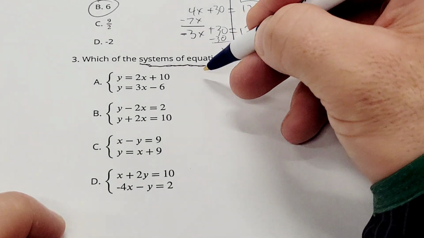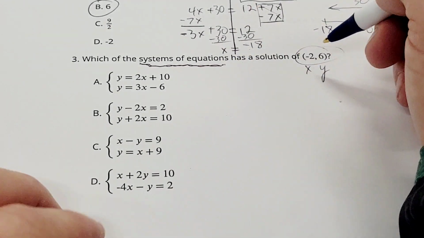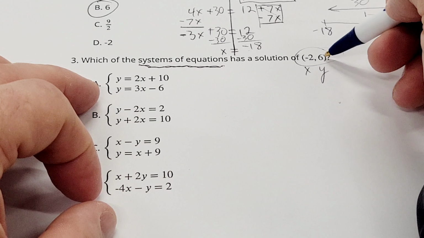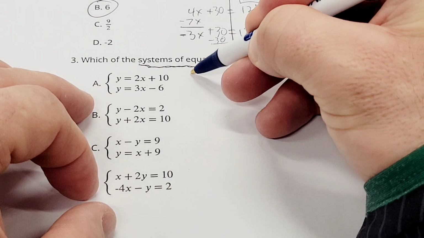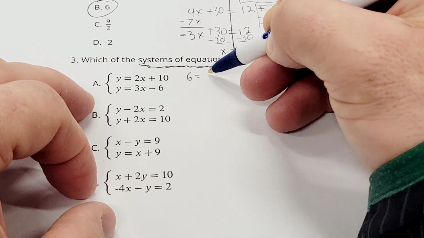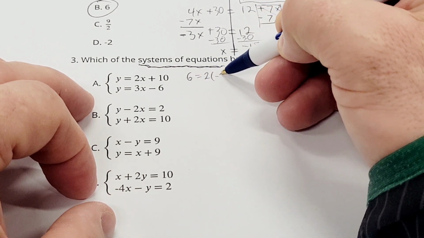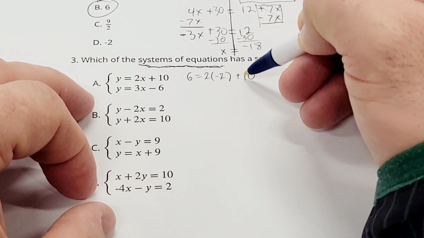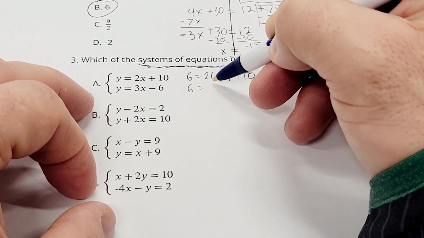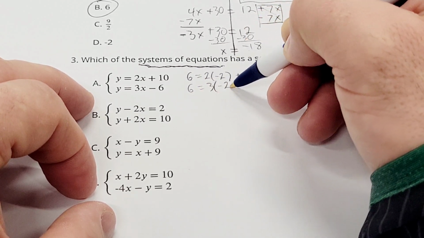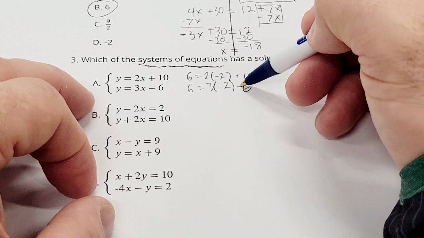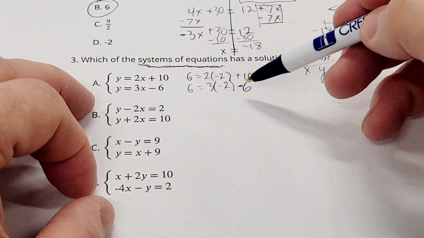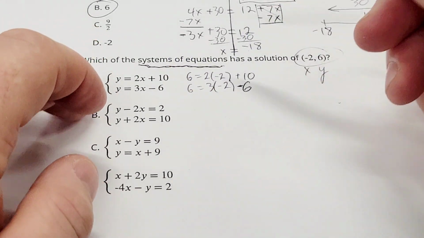So what I have to do is I have to go through here and I'm going to rewrite all of these with 6 for every y and negative 2 for every x. So this is going to be 6 equals 2 times negative 2 plus 10. This is 6 equals 3 times negative 2 minus 6. Okay, and the second these numbers don't work for just one of these equations, I'm done.